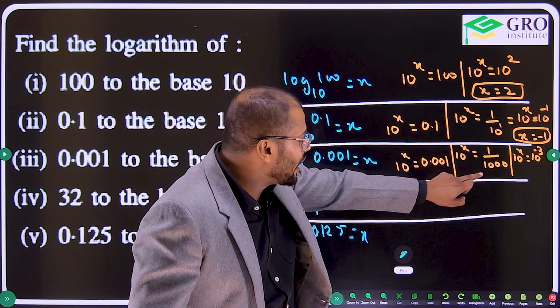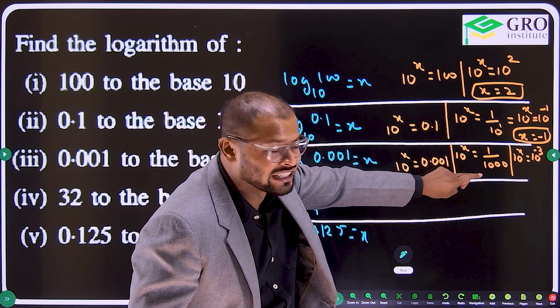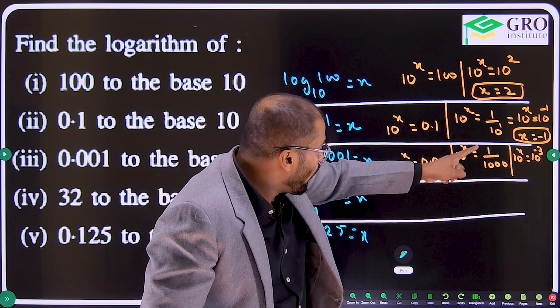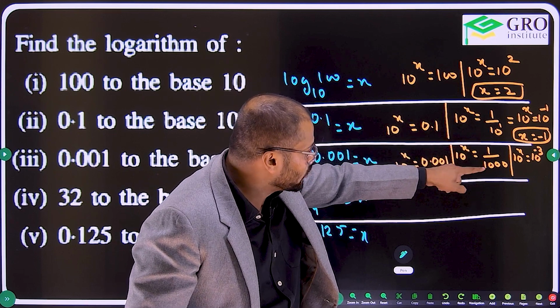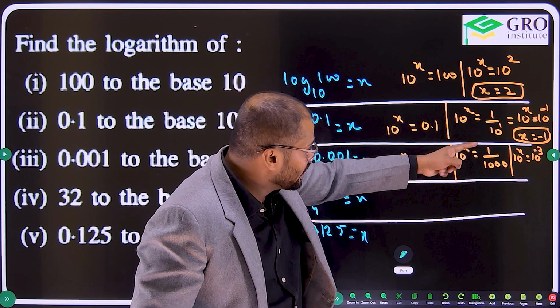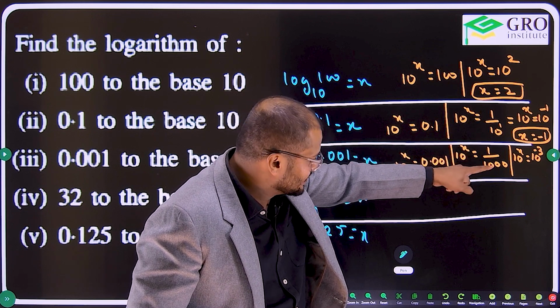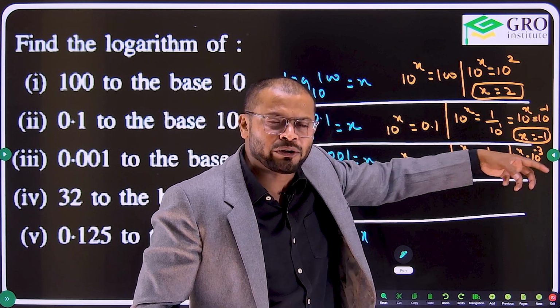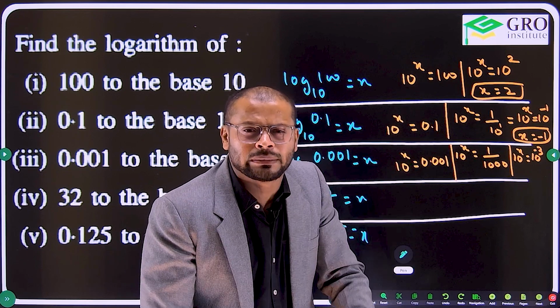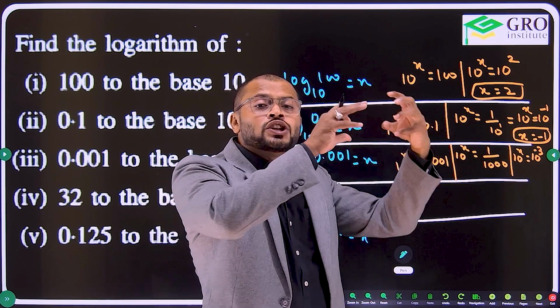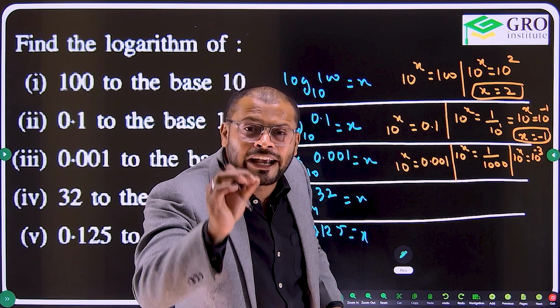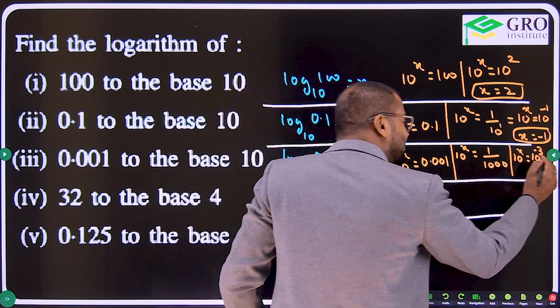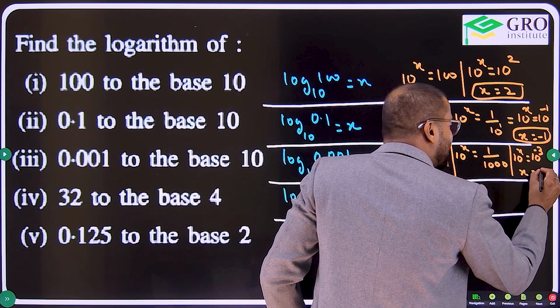Because 1 by 1000 means 1 by 10 to the power 3. The denominator 10 to the power 3 goes to the numerator and it becomes 10 to the power minus 3. Now bases are same, powers are equal.